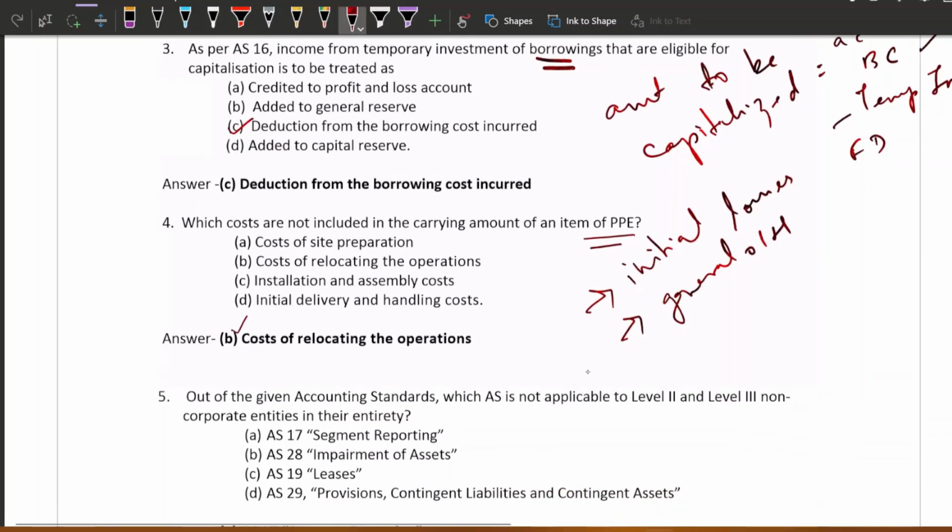Out of the given accounting standards, which AS is not applicable to level 2 and level 3 non-corporate entities in its entirety? AS 17 segment reporting, AS 28 impairment of assets, AS 19 leases, or AS 29 provisions, contingent liabilities and contingent assets.